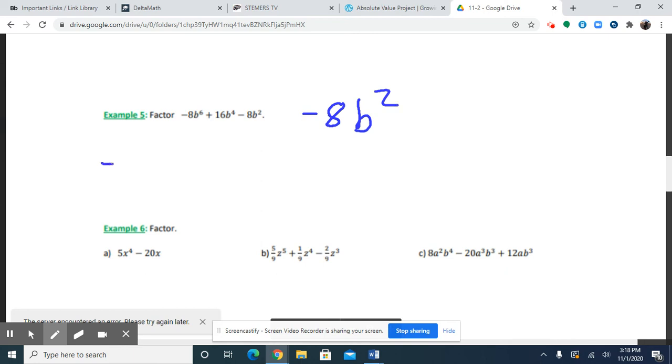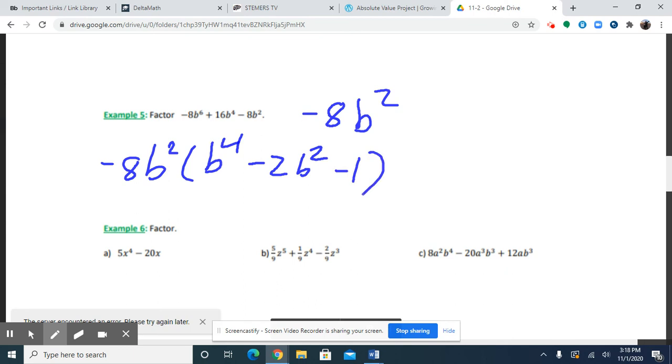So if we factor that out, we would be left with b to the 4th power minus 2b to the 2nd power, and we would have a 1 at the end. And again, you can verify this by distributing into everything that is inside the parentheses.